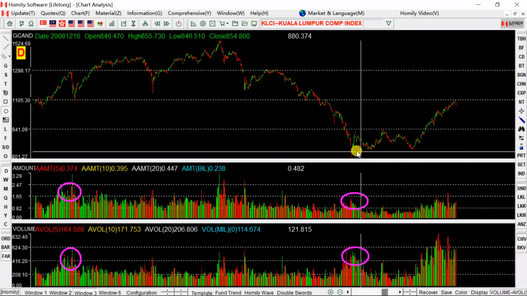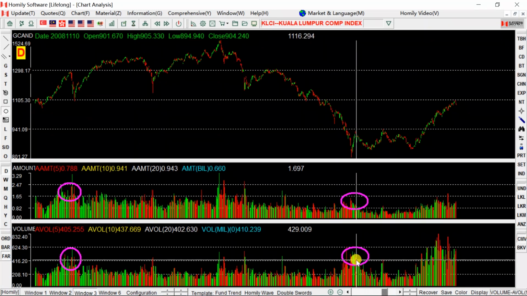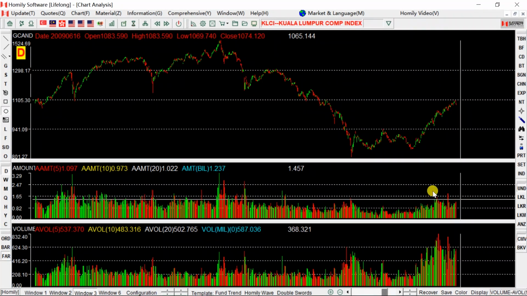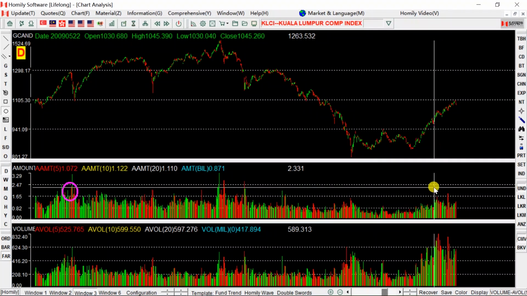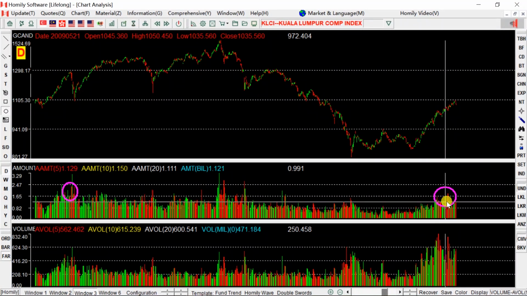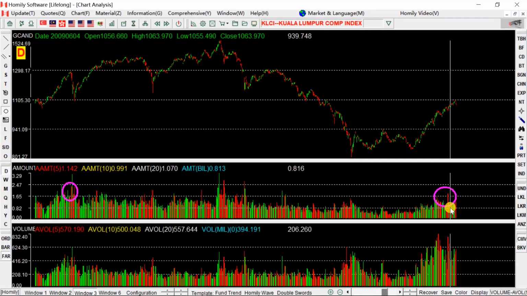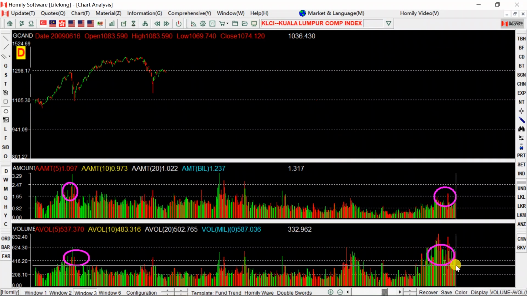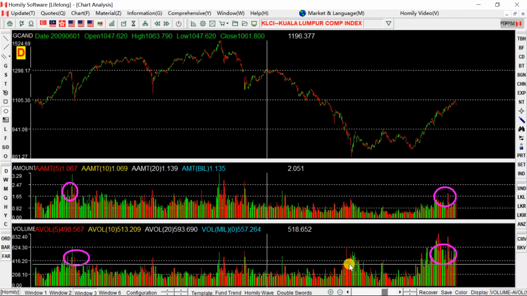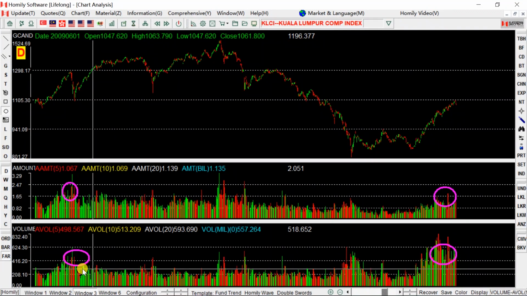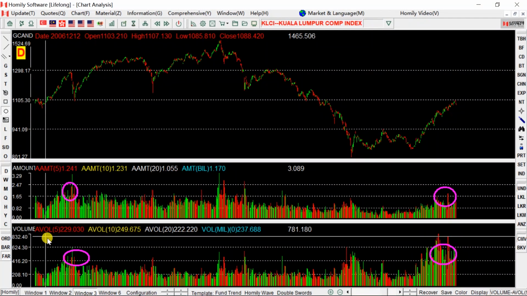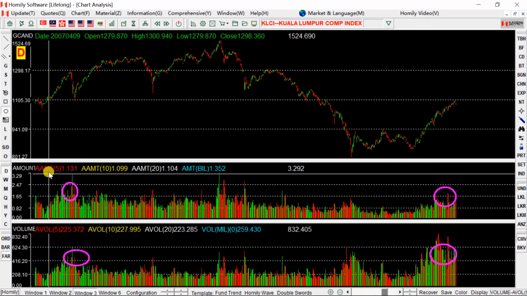of the index of KLCI. And also we can compare here. We compare this period to this period. We find the amount is small, but at the same time the volume is very obviously enlarged. Why? Because volume times price equals amount.